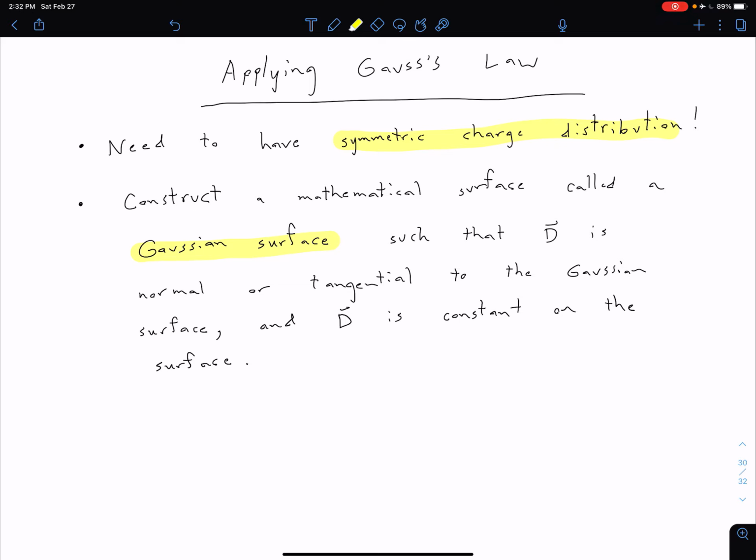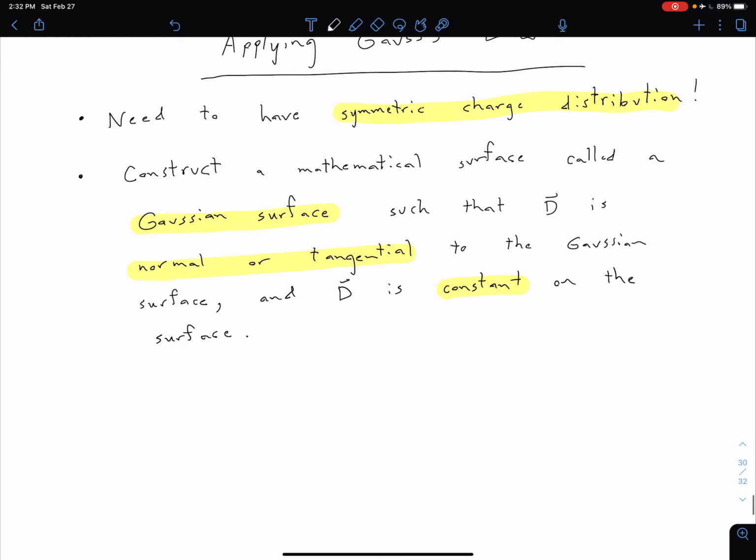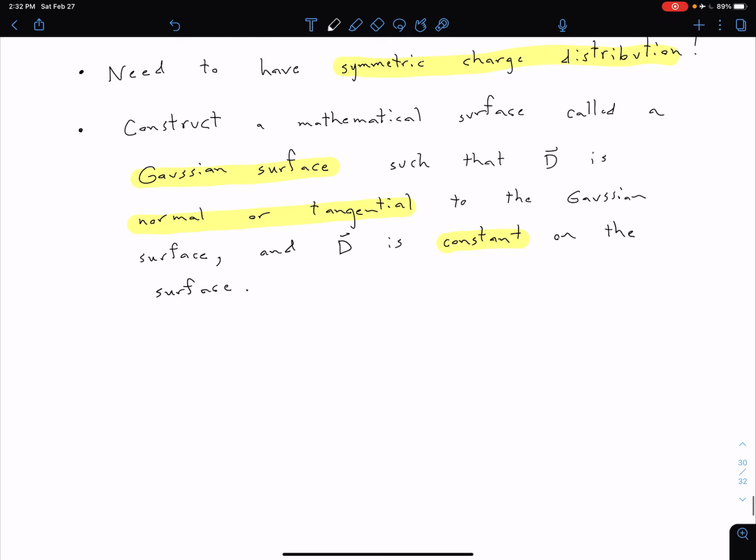And so we're making this Gaussian surface such that our electric flux density D is normal or tangential to the Gaussian surface at every point, and such that our D is constant on the surface. Let's take a look at what the D being normal or tangential to the surface means for us. If our electric flux density D is normal, then in the integral form of Gauss's law, we're going to have the surface integral of D dot dS.